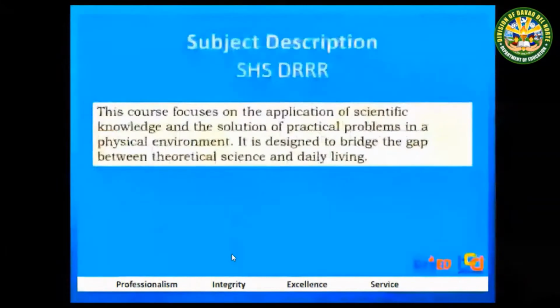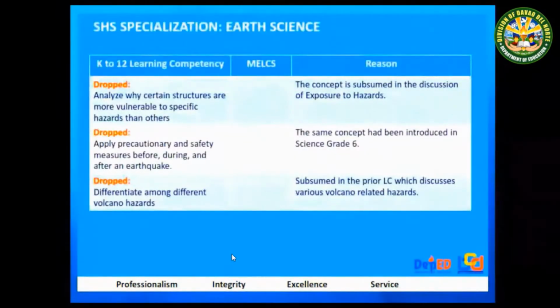Junior high school DRRR. This course focuses on the application of scientific knowledge and the solution of practical problems in a physical environment. It is designed to bridge the gap between theoretical science and daily living. For the senior high school specialization Earth Science, 3 LCs were dropped.